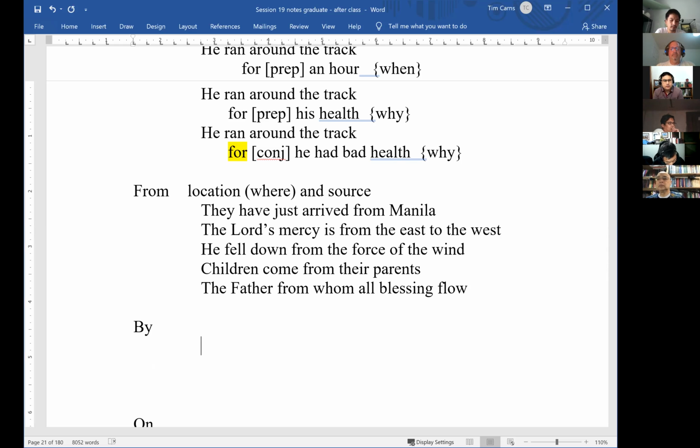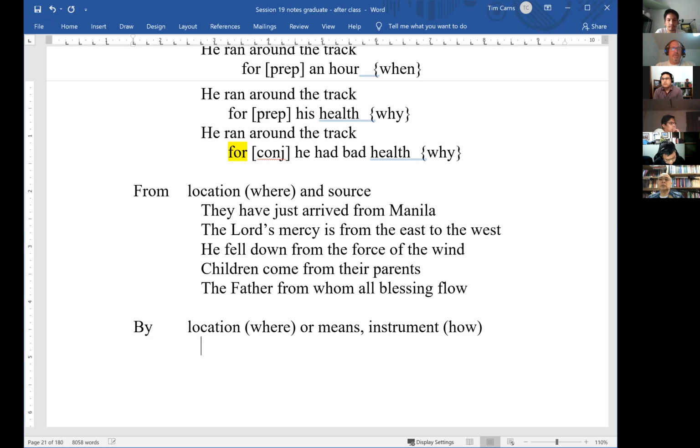It can answer the question of location, like by the sea. Good. Or it can also answer the question in terms of who has done the action. Means, yes. Means or instrument. Basically, how.